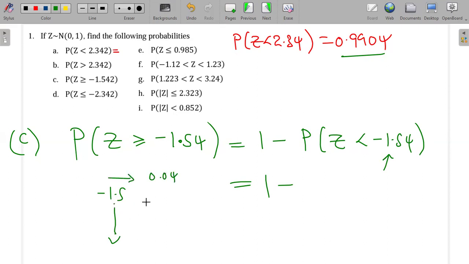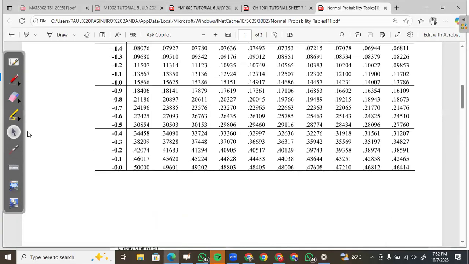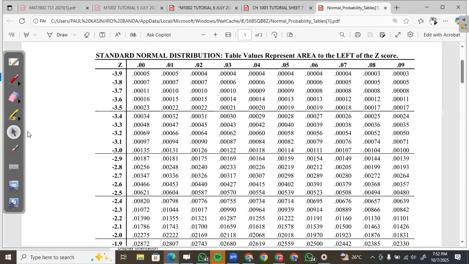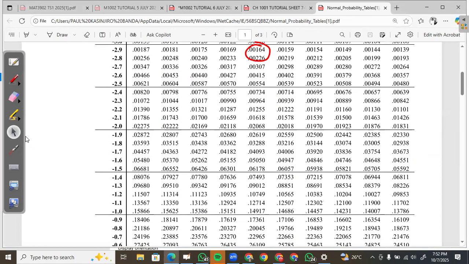We go to the right, we come down, and whatever is there will be our answer. So let's go to the negative Z score table, which is on top of this one. I can mark my 0.04 on top first, and then start coming down.